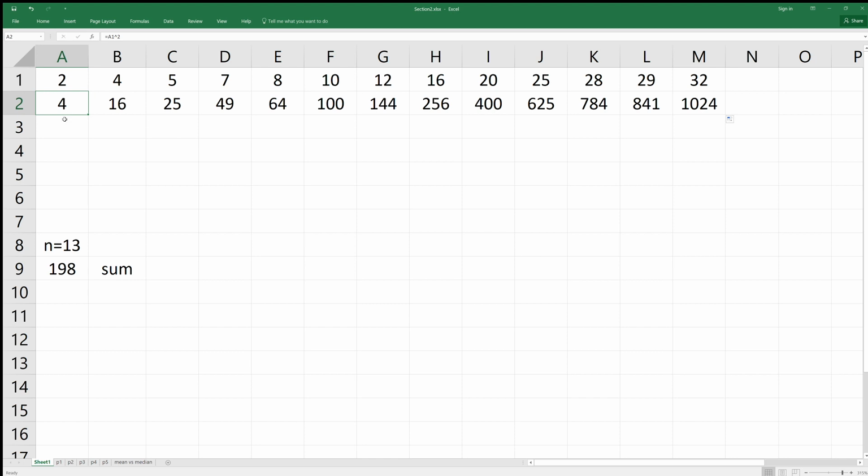So 2 squared is 4, 4 squared is 16, 5 squared is 25, 7 squared is 49, 8 squared is 64, 10 squared is 100, 144, 256, 400, 625. After that, I'm kind of taking their word for it. 32 squared is 1024.